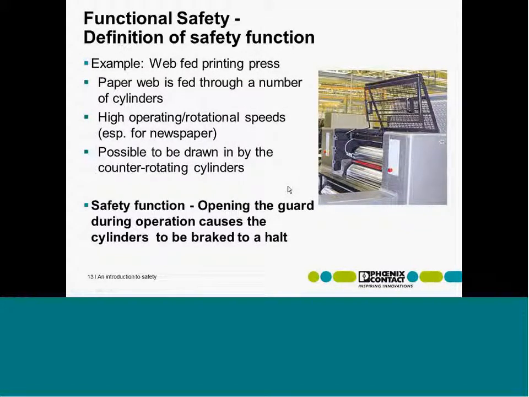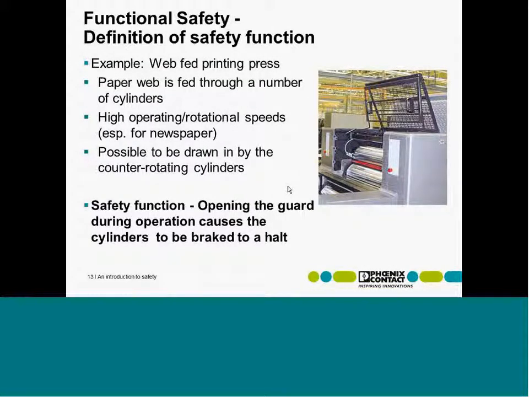The first thing you have to do for this safety function is to set up the necessary risk level. So first you need to define really what the safety function is that I'm talking about. I've tried to formulate this in a sentence: the opening of the guard during operation causes the cylinders to be braked to a halt.